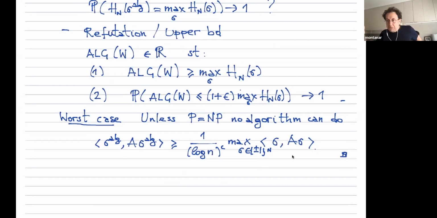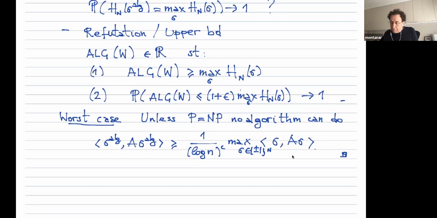That problem immediately gives a lower bound, because any algorithm produces a sigma, you evaluate H on that sigma, and that is a lower bound on the maximum. So certifying a lower bound on the max is easy, just give me a configuration. Certifying an upper bound is not easy.